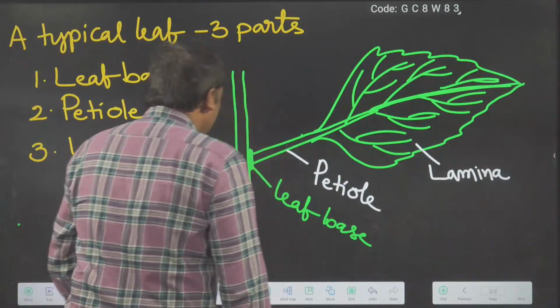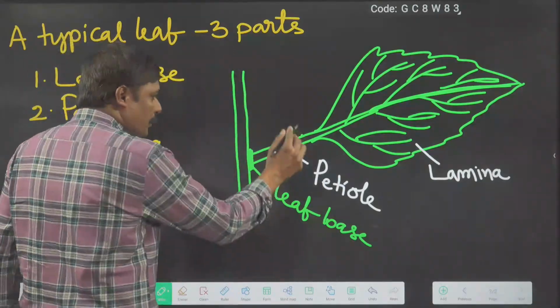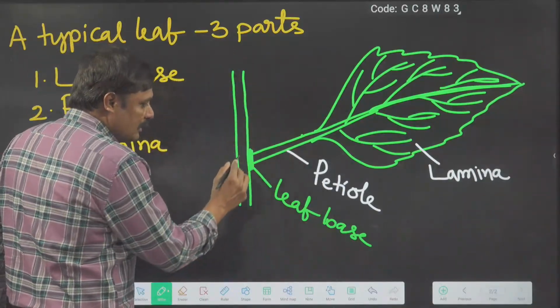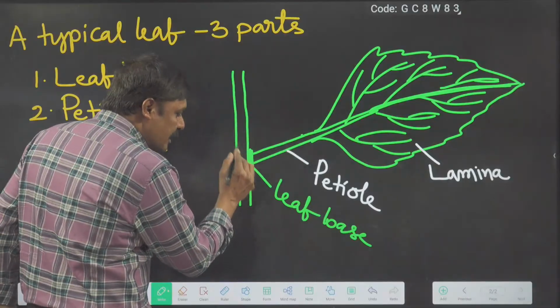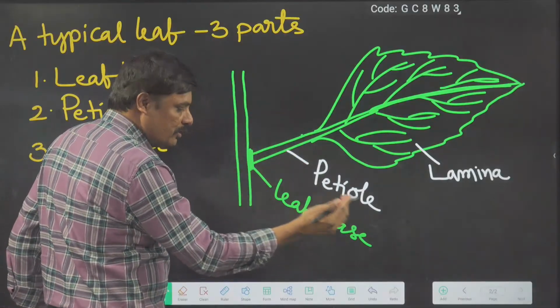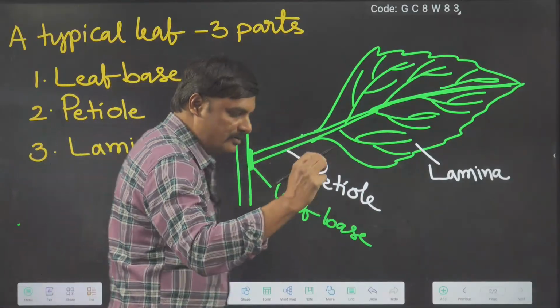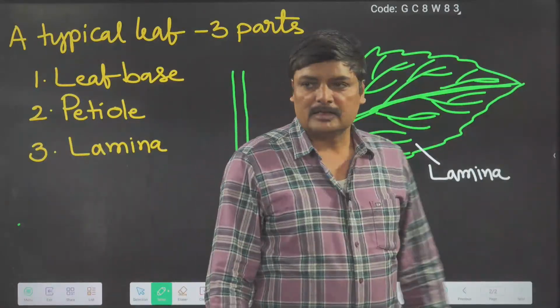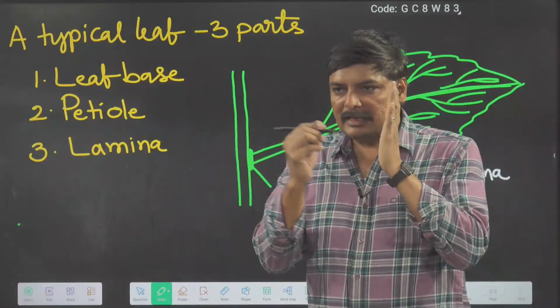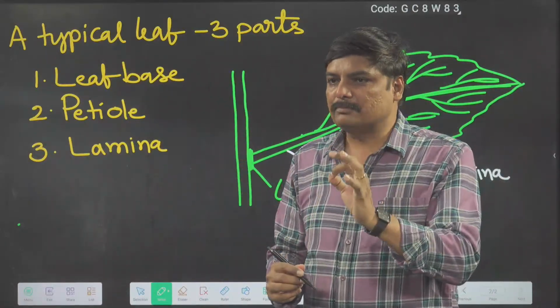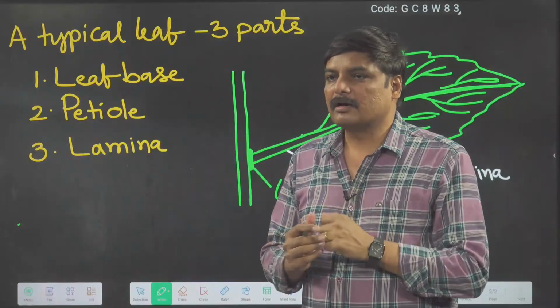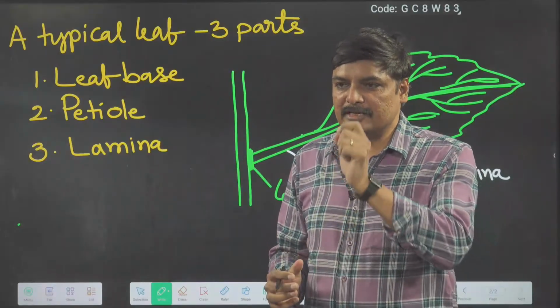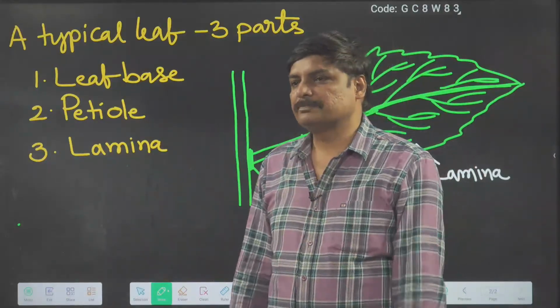What is the leaf base? The part of the leaf that is attached to the stem or branch is called the leaf base.